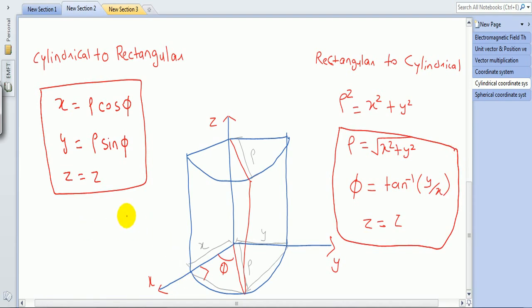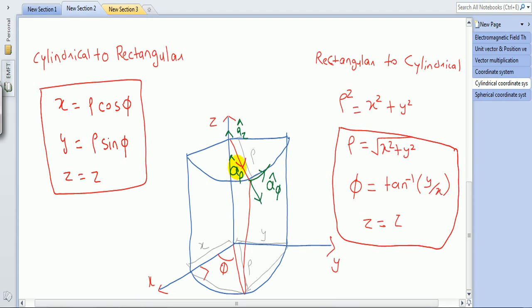Now if you want to see the unit vectors of this, it will be like this. a rho cap will be in the direction of increasing radius, and a phi cap will be anti-clockwise, completing the circle, and a z cap will be in the direction of increasing z value.